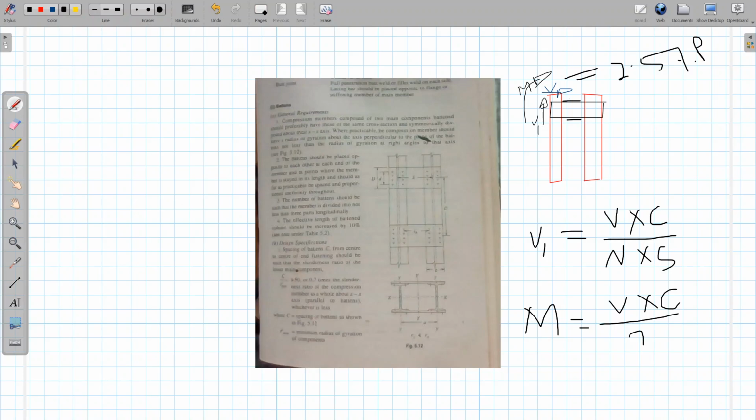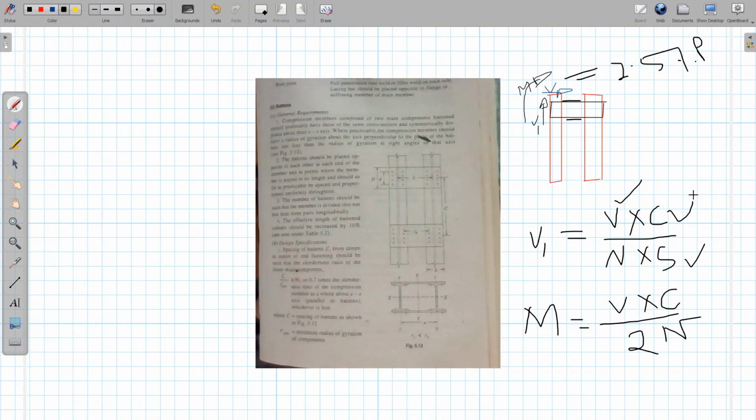Now the question is, what is V? V is the design shear, that is 2.5% of the P. What is S? The minimum transverse distance between the centroid of rivet groups or welding. If you see the figure, it is the center to center distance between the rivet groups. It may be a single line, then S and TB will be equal. If it is a double line, then S and A will be equal. What is C? This C is the center to center spacing of the battens.